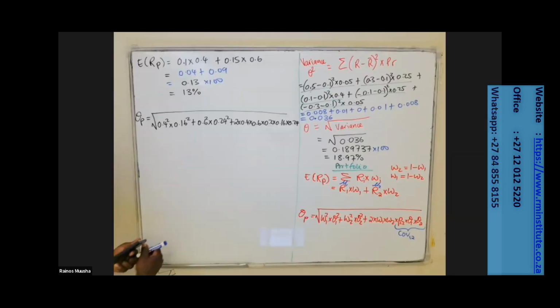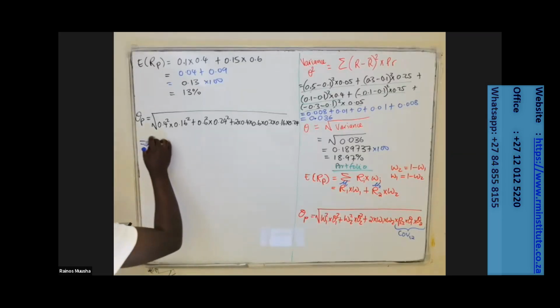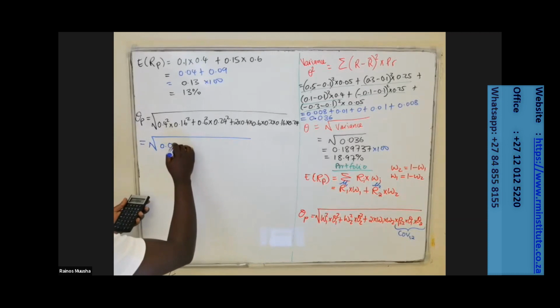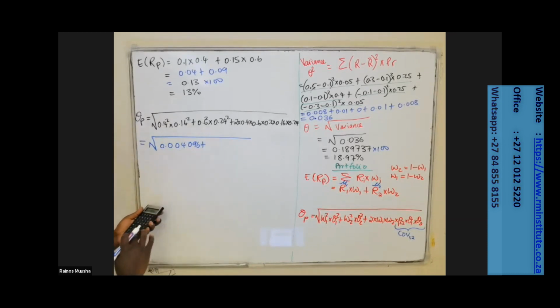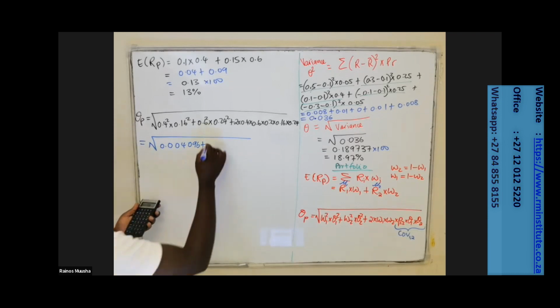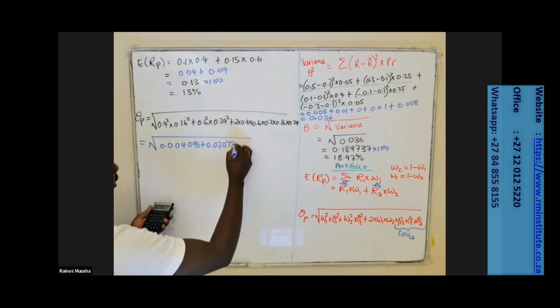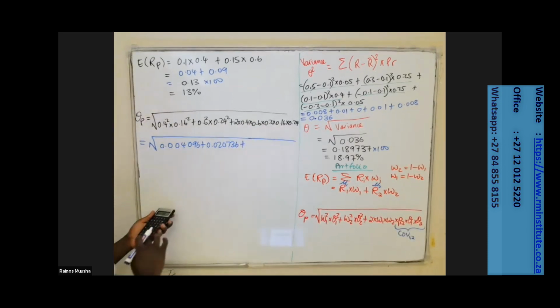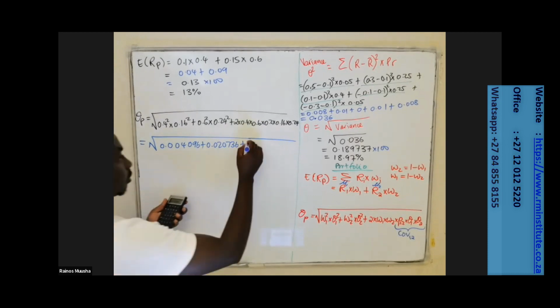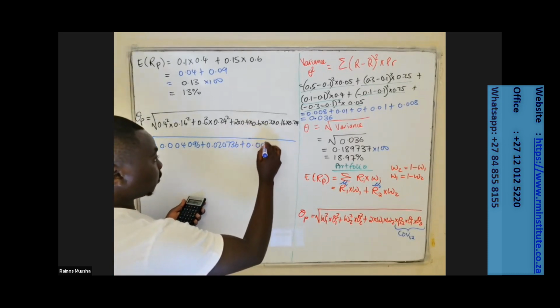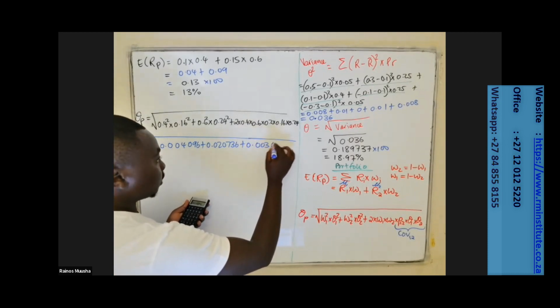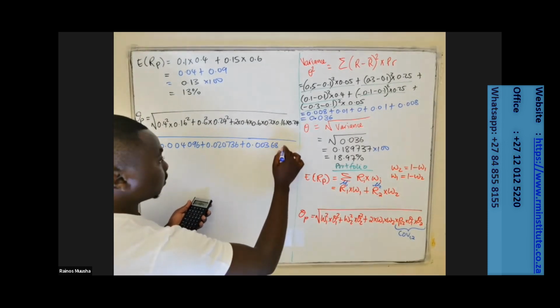Okay, so you will be able to say 0.004096 plus 0.020736 plus 0.003664.